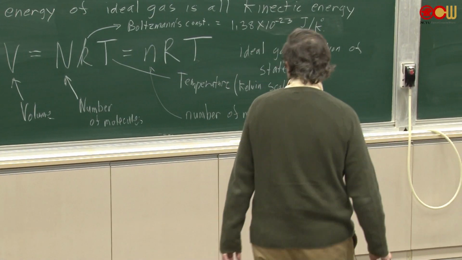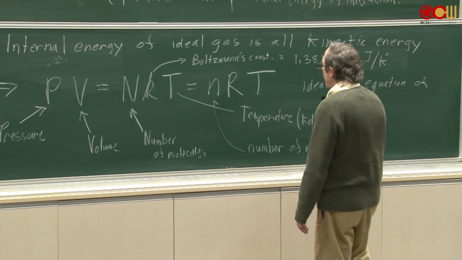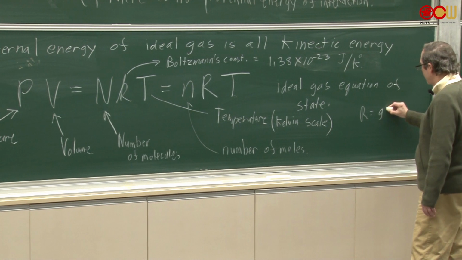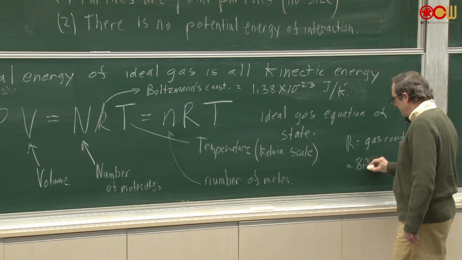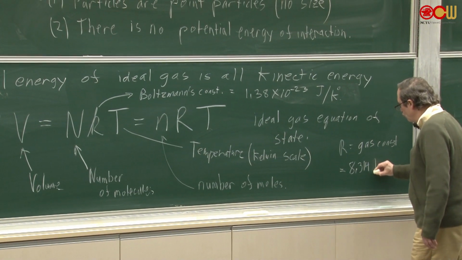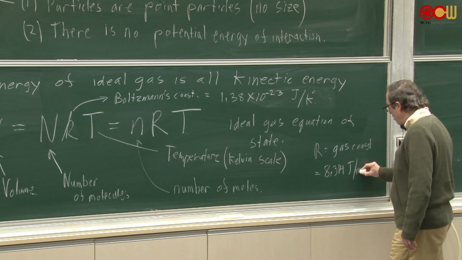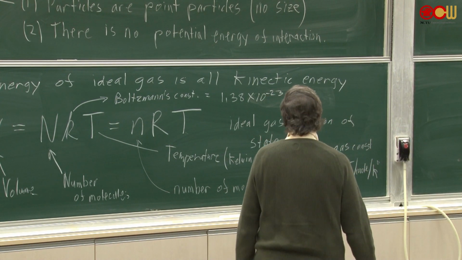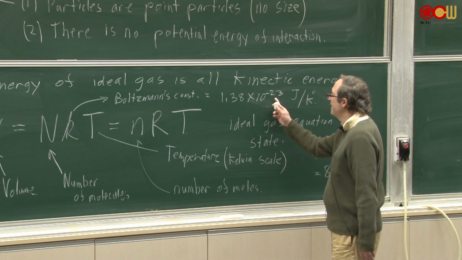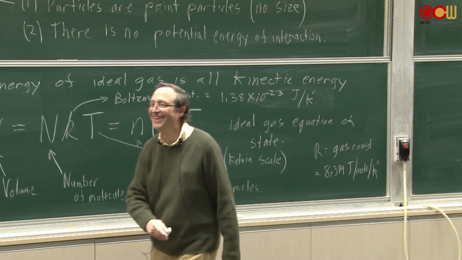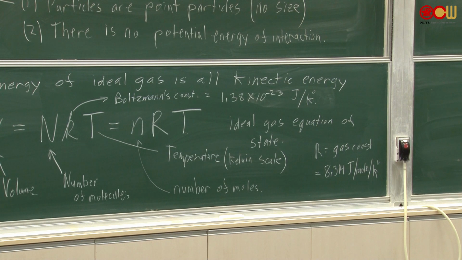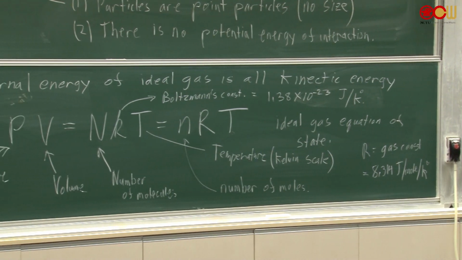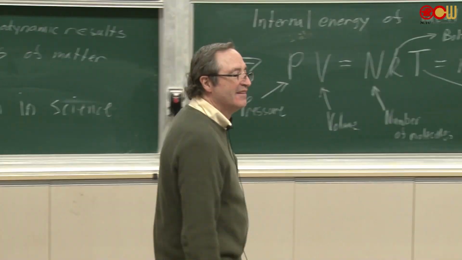Or in our textbook, it probably tells you. And then R is the gas constant, and it equals 8.314 joules per mole per degree Kelvin. I imagine the chemists have more difficulty with powers of 10, so they like to use this. That's just a little joke there. They like moles.